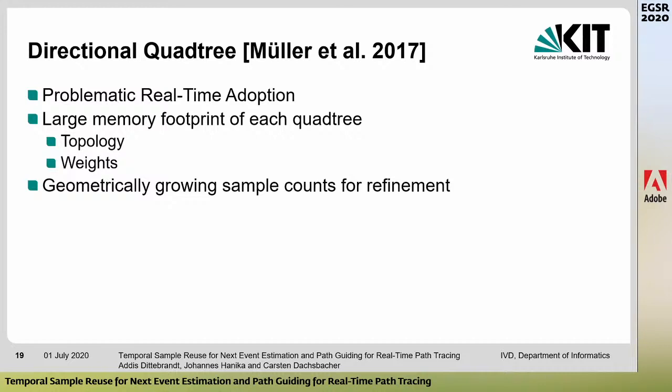And this idea is directly based on the paper from Müller from 2017, but we can't really adopt it to real time without any modifications. The problem is, for one, that it has quite a large memory footprint. Each quad tree has to be stored. We have one quad tree per octree node, and the memory footprint of each quad tree is quite large. So we need to store explicit topologies and the weights for the stochastic traversal, and that becomes quite huge.